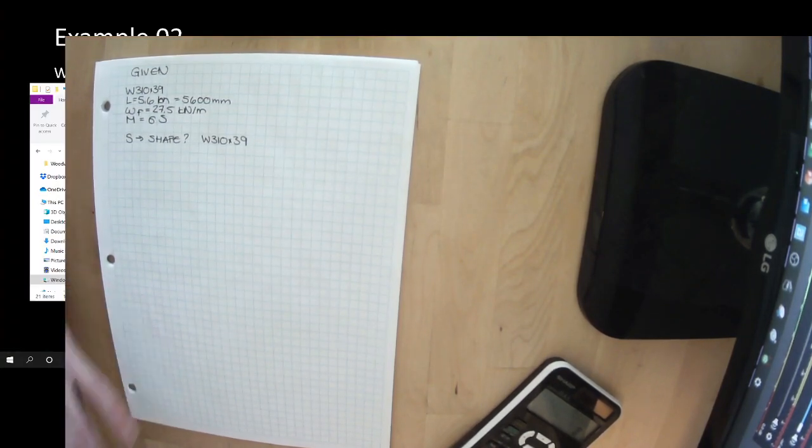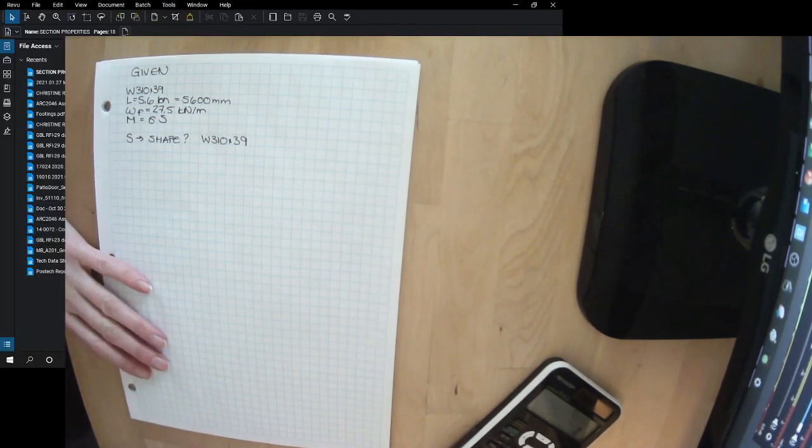What is happening here? Sorry guys, I am just looking for a very specific file. It's like it got deleted on me. Yeah, some things did get deleted. Okay, steel sections. I will make sure steel sections is uploaded for you guys.